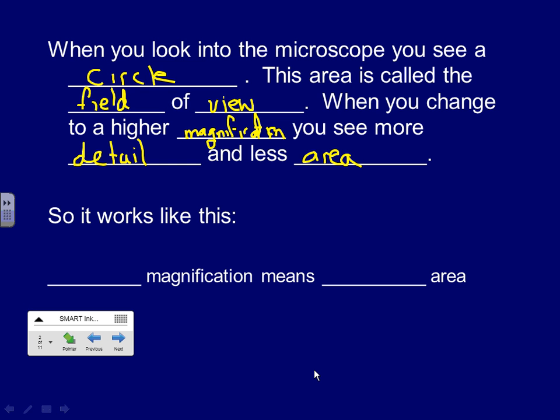We want the relationship between it. More magnification? I don't like the term more magnification. Higher magnification, I like that. Higher magnification means less area. Less area. All right? The greater the magnification, the smaller the area we're dealing with.